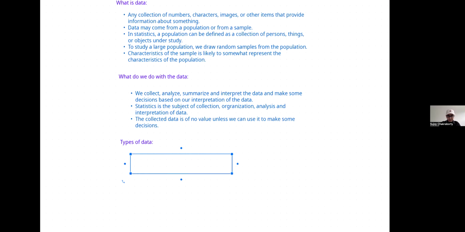So qualitative data, also known as categorical data, means data that is non-numeric, which is typically the result of categorizing or describing the attributes of a population.